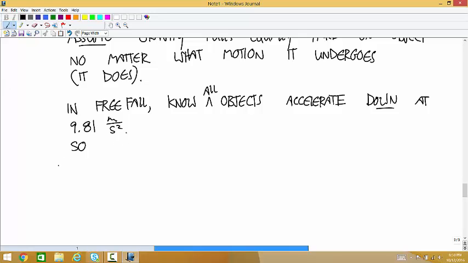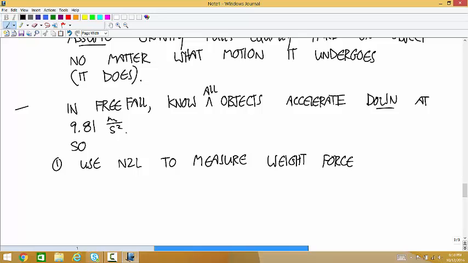So I'm going to use Newton's second law to measure the weight force of a 1 kilogram object in free fall.